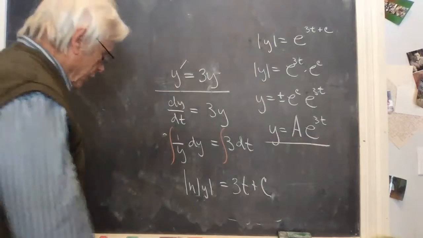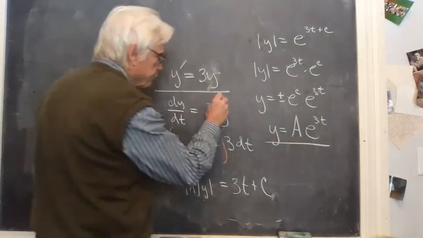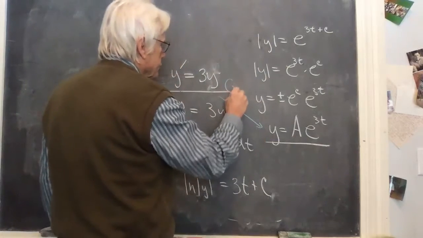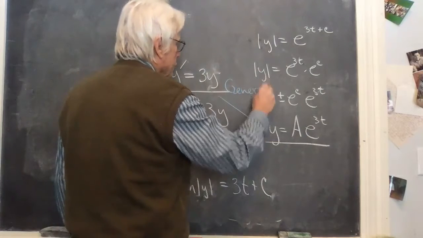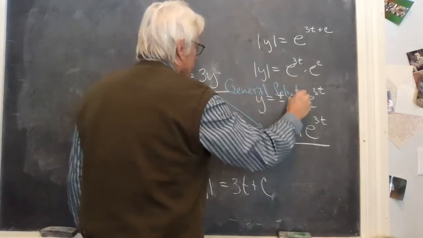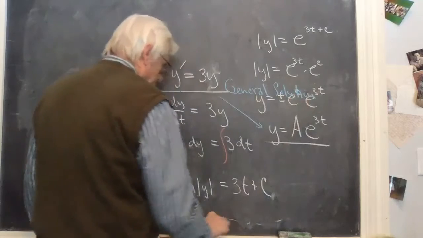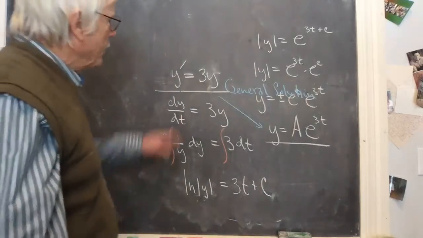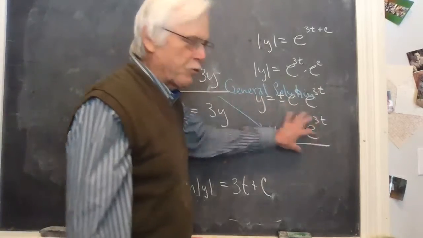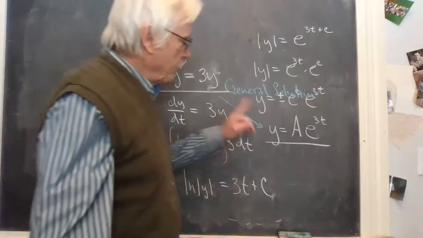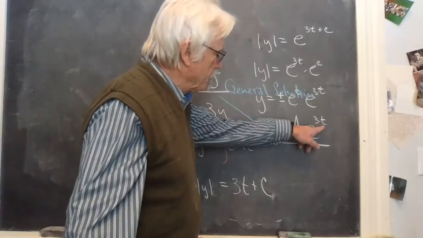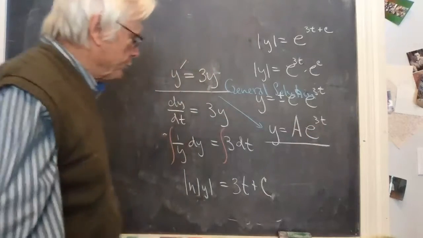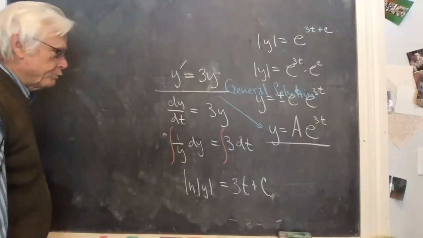And this is called, again, the general solution. Not commander-in-chief kind of general, but it means that every solution to this has this form. And this is interesting because this is the so-called exponential growth form.